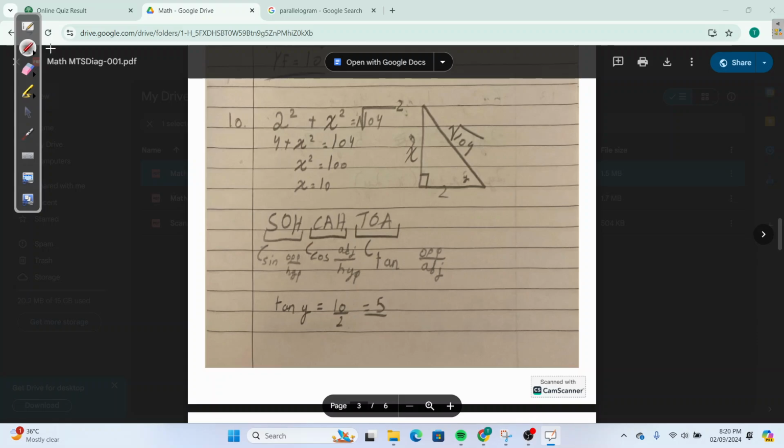Now, you want tan of y, which is the opposite over its adjacent. So tan of y equals x over 2, and x was found to be 10. 10 over 2 is 5, and tan of y equals 5.